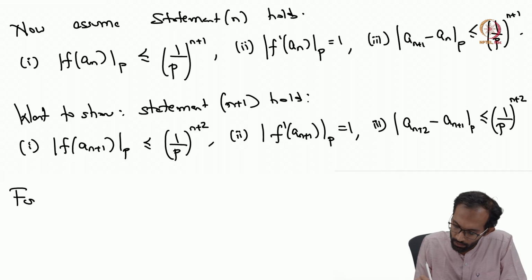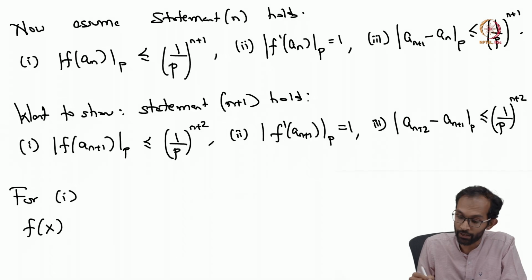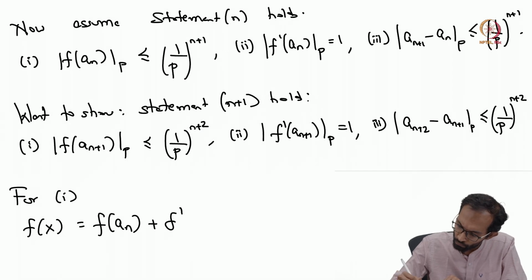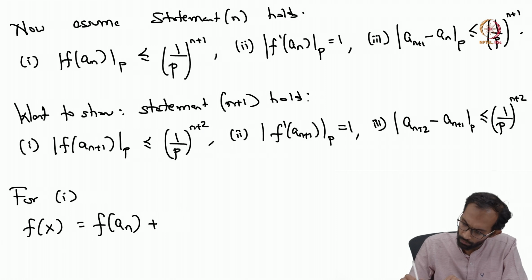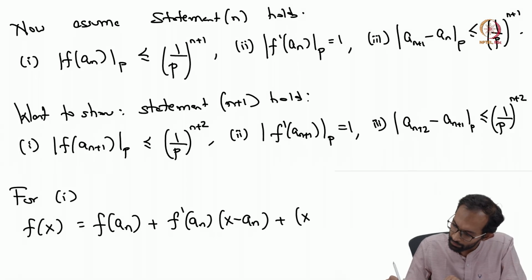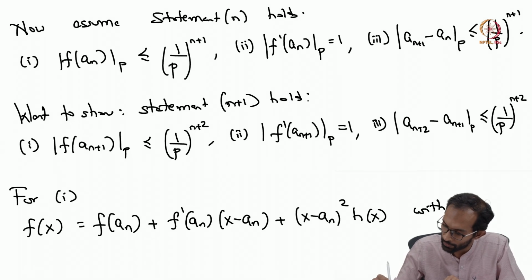Now for the first statement, I look at the expansion of f(x) around a_n. So around a_n, the constant term is f(a_n) plus f'(a_n) times (x minus a_n) plus (x minus a_n) squared and some polynomial h(x), where this h(x) belongs to Z_p[x].